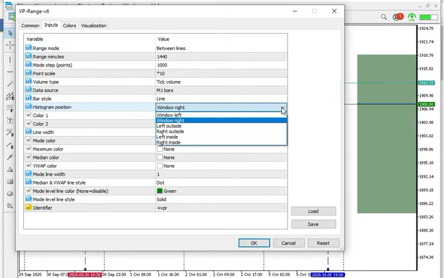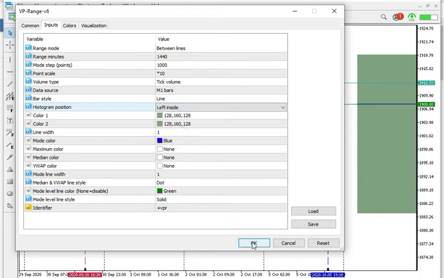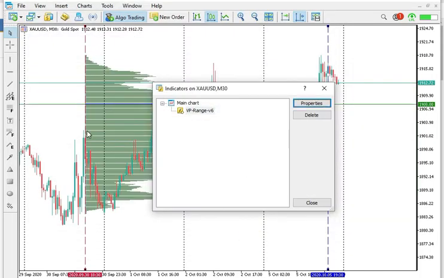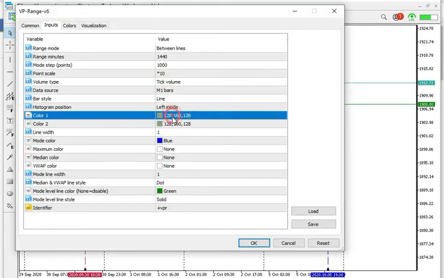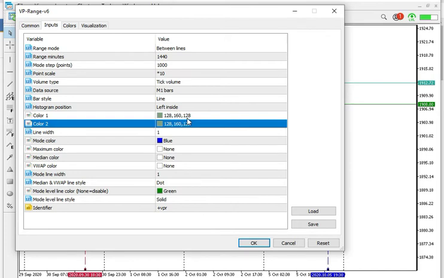For the window, we can change the place where the volume profile is shown, whether it's left window, right window, or left inside. Left inside is the one I prefer, because the book I read for volume profile showed it on the left inside, so I identify better with it.